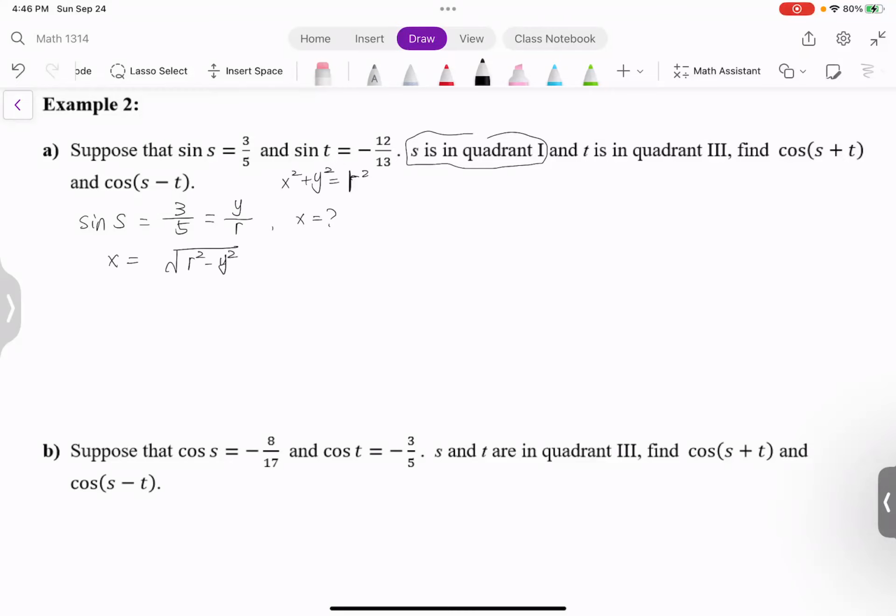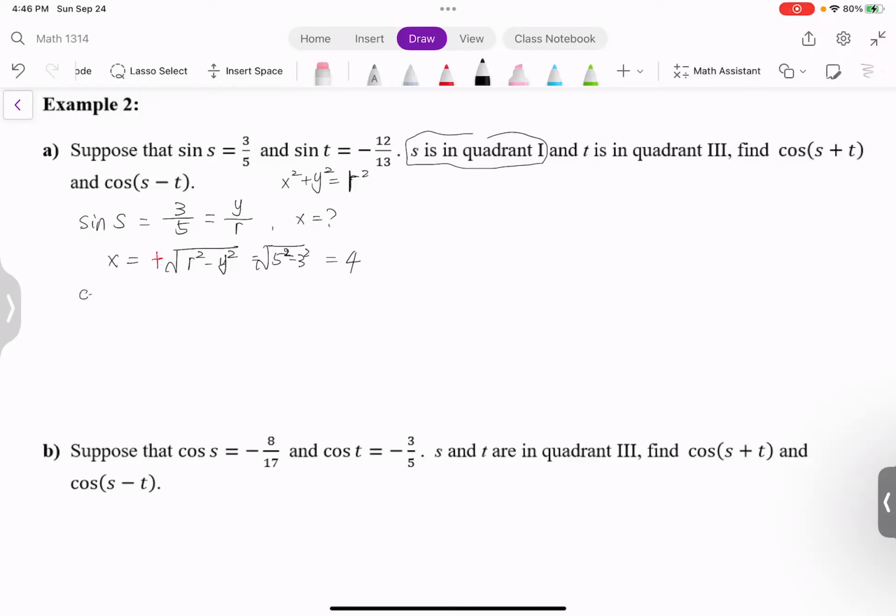Whether x is positive or negative depends on where the angle s is. In the first quadrant, x is positive. So it equals the positive square root of 5 squared minus 3 squared, which is 4. Okay, we got the x.